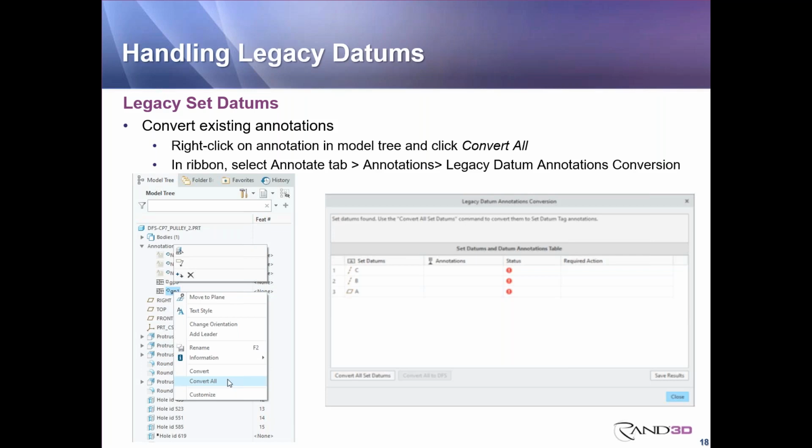Otherwise, you can go up to the ribbon directly on the Annotate tab. Look towards the right-hand side to the Annotations group, and you can access the Legacy Datum Annotations Conversion tool. And that, when accessed, launches the dialog box, or a version of the dialog box that you see towards the right here, Legacy Datum Annotations Conversion. Look at the bottom there. There's an icon at the bottom left where you can convert all set datums if that's your intention. And that's what we're talking about at this point.